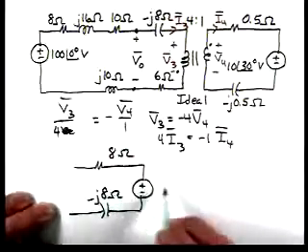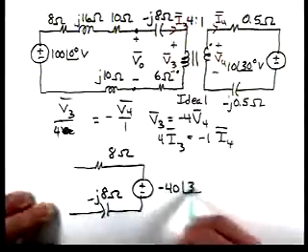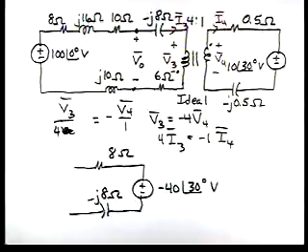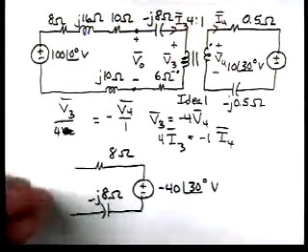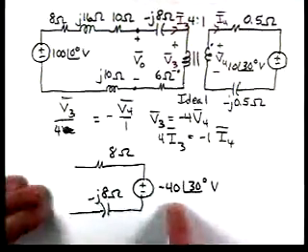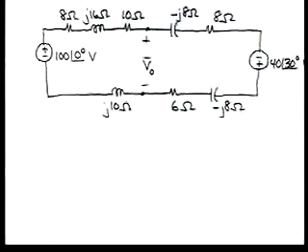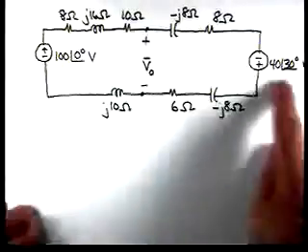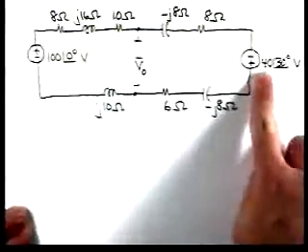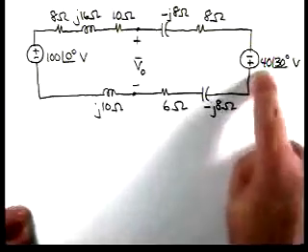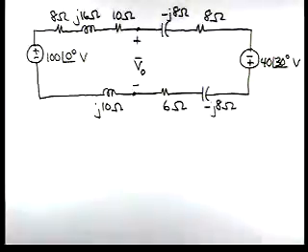This becomes minus 40 at an angle of 30. Now I'm going to redraw it. I'm going to change the polarity and change it to plus on this source. Okay. So now when we reflect all that, here's what we have. Notice I took my voltage source and changed the polarity because it was minus 40, so I just changed the polarity.